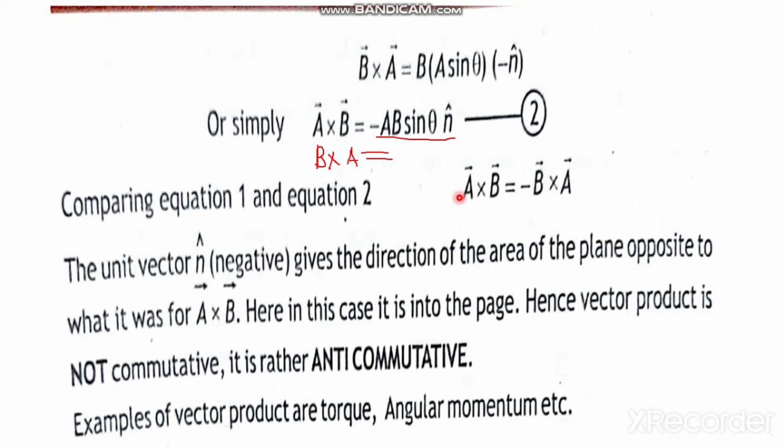So we can say that A cross B is equal to minus B cross A. As A cross B is not equal to B cross A, but is equal to minus B cross A, we can say that the vector product is not commutative, and in this case the direction will not be towards the reader's face or out of the page, but into the page, that is away from the reader's face.